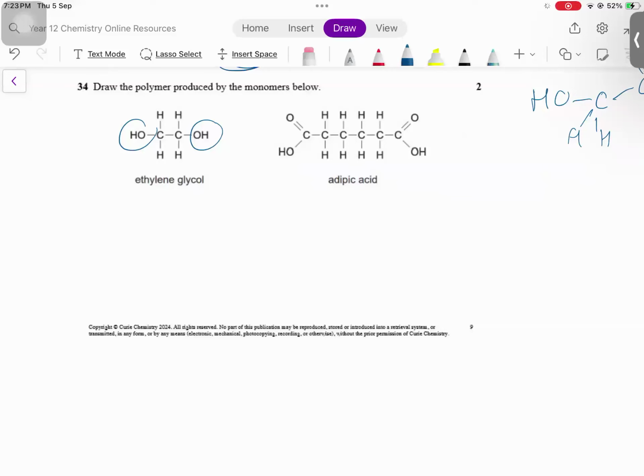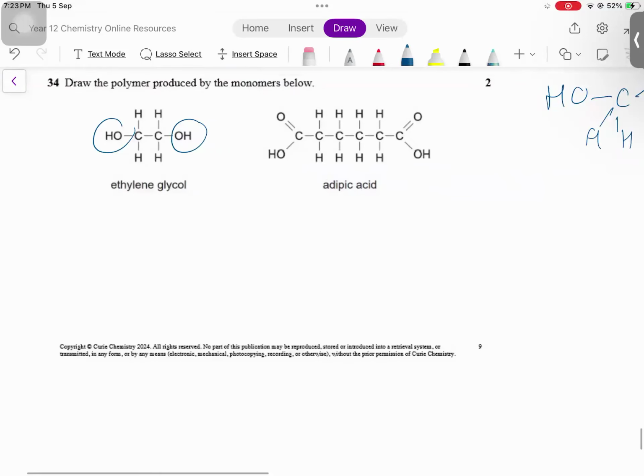So I want to not get my carbon chains wrong. So I'm going to draw my carbon chains first. C, C, C, 6 carbons for the acid. And then with condensation polymers, I know that our water gets condensed, which means I have to get rid of an OH and a hydrogen.